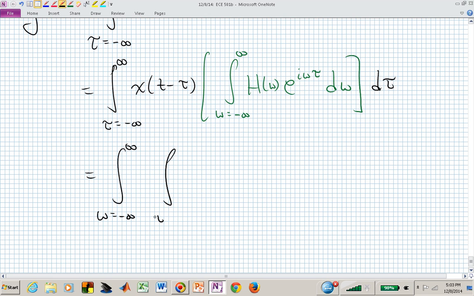And we also have this integral over tau from minus infinity to infinity of x of t minus tau, h of omega, e to the I omega tau, d tau, d omega.